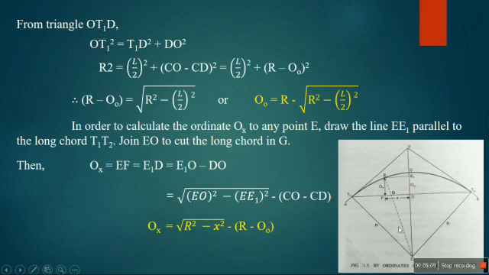EO is the radius of the curve. E1 is the distance from here to here, which is equal to x, so I have written x. CO is the radius of the curve, minus CD, which is nothing but O naught, whatever the value is here. Simplify this, we will get OX equal to square root of R square minus x square, minus the bracket of R minus O naught.